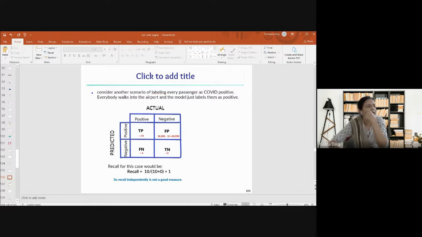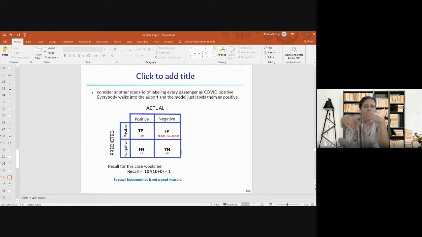That increased the accuracy, but recall was a good measure in that context. But labeling everybody as positive, whatever we just did, will increase the recall as well. So this measure called recall, independently, is not a good measure.